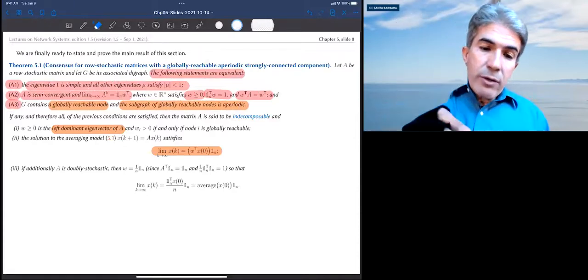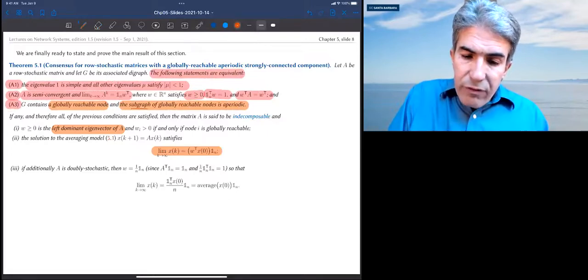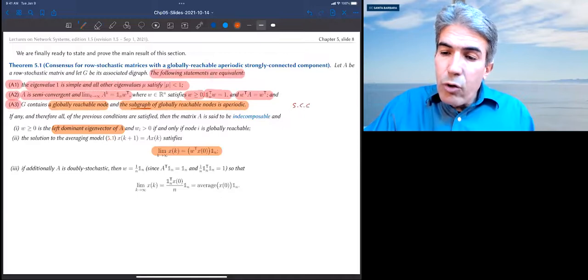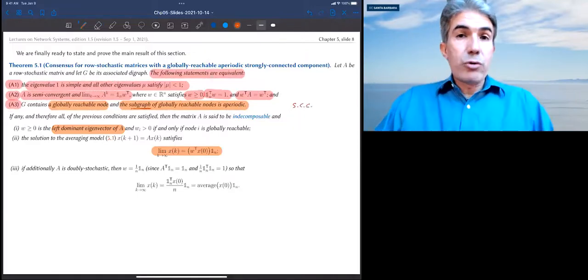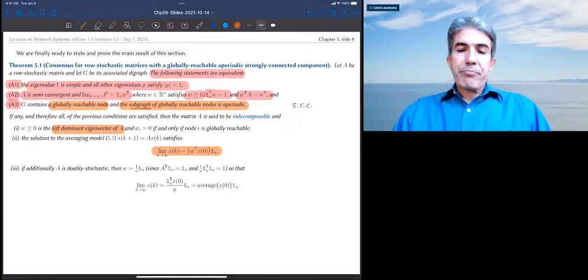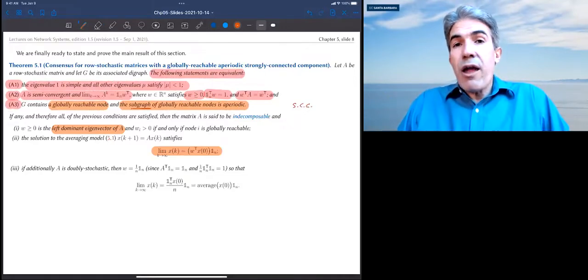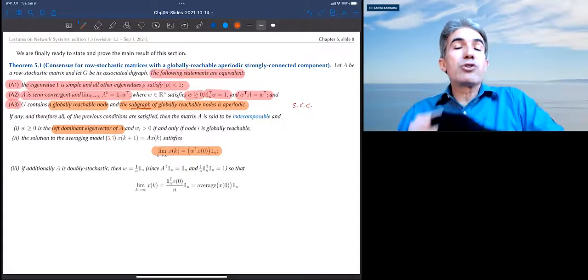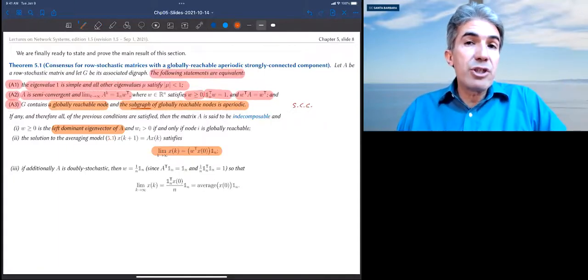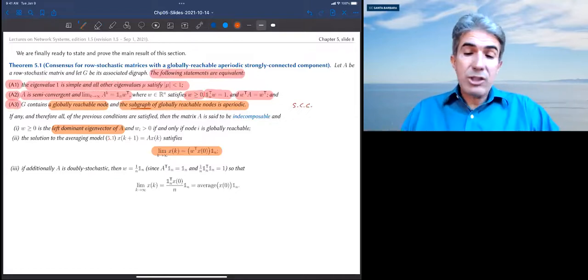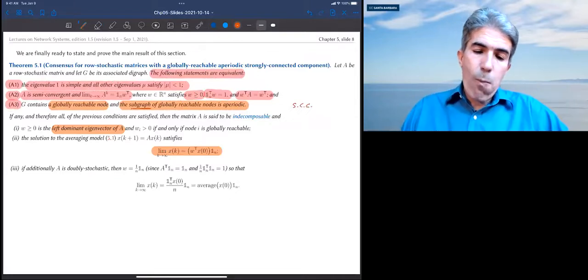So really what I'm saying here is that the subgraph of globally reachable nodes is actually a strongly connected component, just to clarify. And I need that to be aperiodic, because if I have periodic behavior anywhere, then there will be periodic oscillation in the solution of the averaging system. Right now I'm not interested in periodicity. I want to show asymptotic convergence to a value.